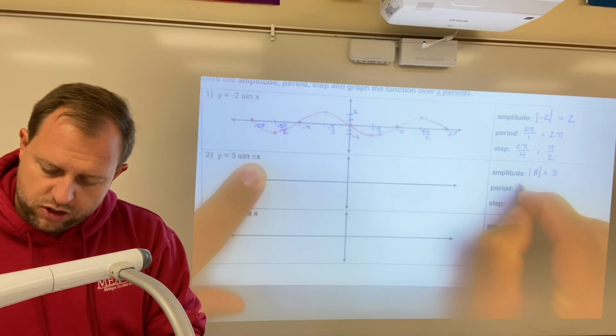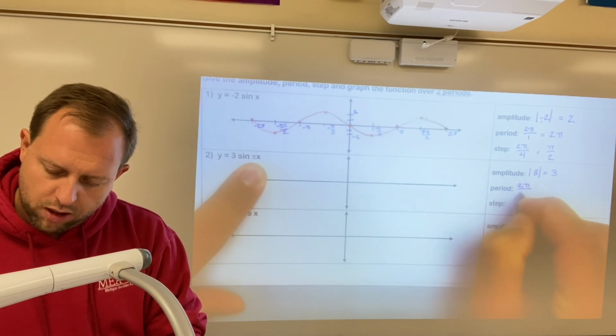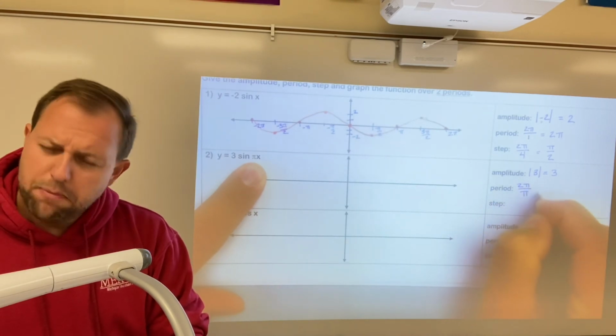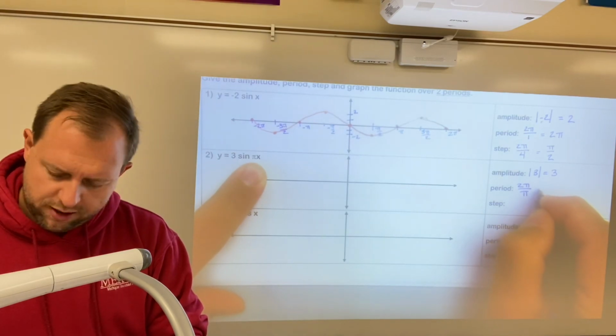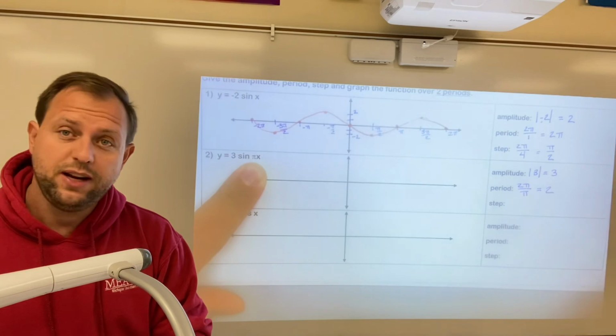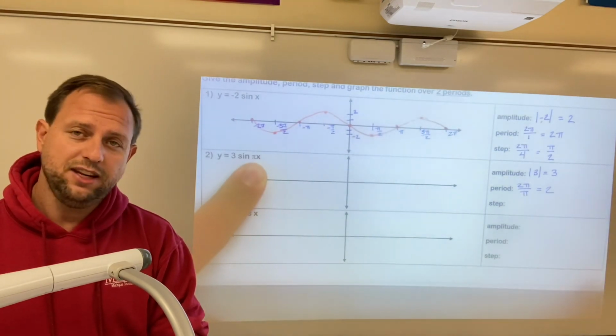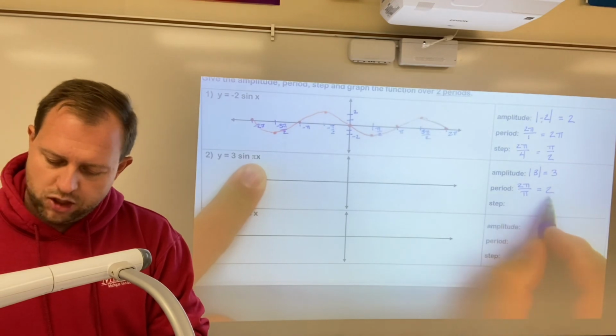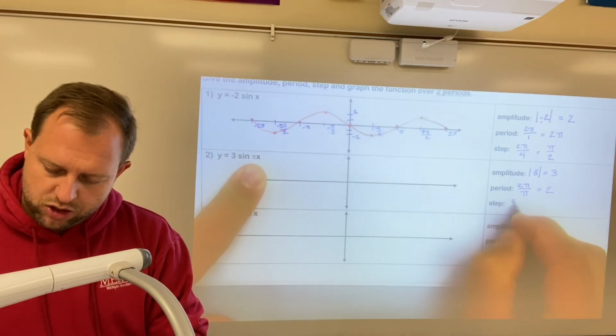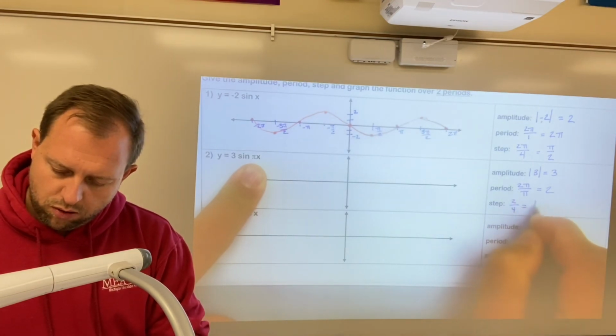So our period is 2 pi over pi. Our pi's cancel out this time. That's not a normal period for us, but the math's still very easy to do, and it actually makes the scale easier because you're not thinking in fractions of pi. So our period is 2, which means our step is 2 divided by 4, or 1/2.